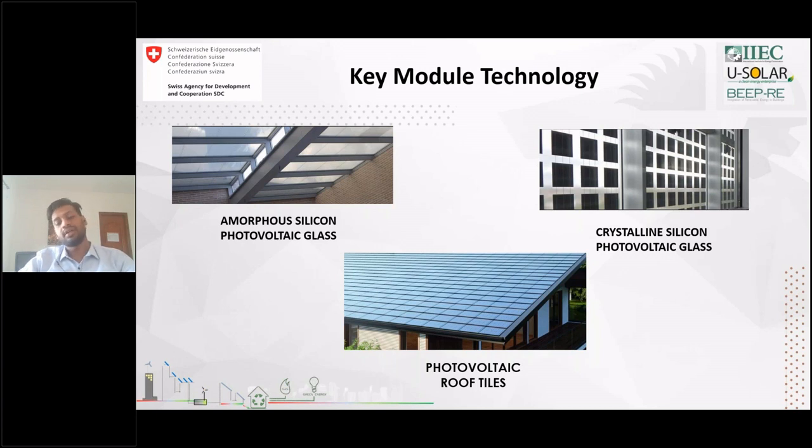And we do have conventional crystalline silicon photovoltaic glass. These are your conventional PV modules. It adopts the same technology and it is integrated into your BIPV systems. The third one is your roof tile, which is a flexible type. Roof tiles are provided, where individual tiles are connected in series, and it will be integrated into your power generating system.